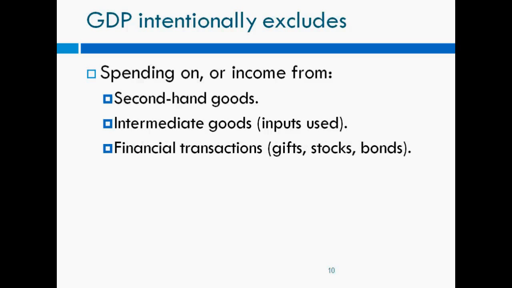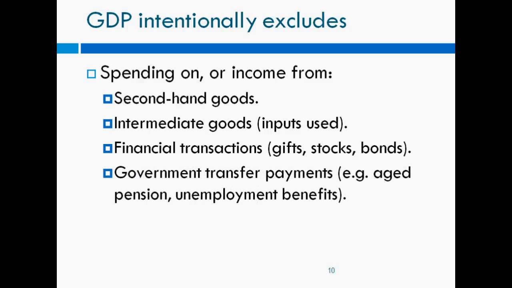We don't include pure financial transactions, such as gifts, the purchase of stocks or bonds, because these do not represent goods or services which have been produced in the economy in the year that we're interested in. Government transfer payments, such as the age pension or unemployment benefits, are not counted as income from GDP.